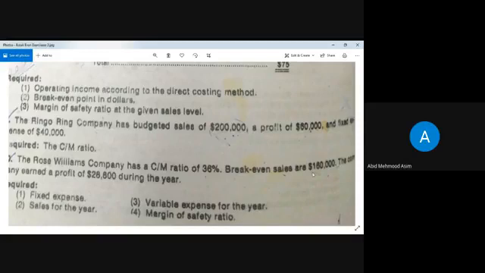So when we multiply 1,60,000 by 0.36, the contribution margin ratio, 57,600 would be our fixed cost. This is our fixed cost because no value of fixed cost has been provided to you in this question.